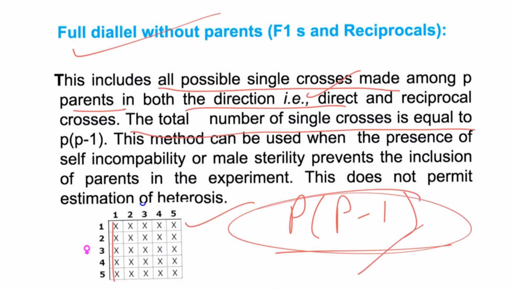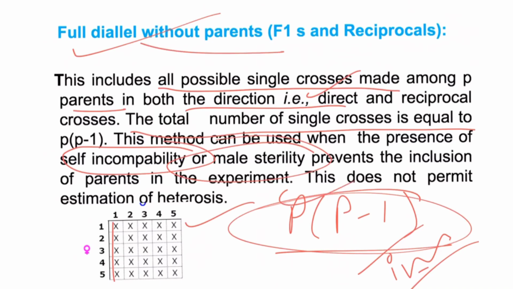This is the formula including reciprocals. Sometimes, due to self incompatibility or male sterility, the inclusion of parents is prevented, and that's why this method does not include the parents when self incompatibility or male sterility is present. And this method, full diallel without parents, does not permit the estimation of heterosis.